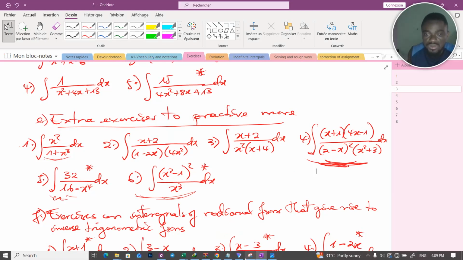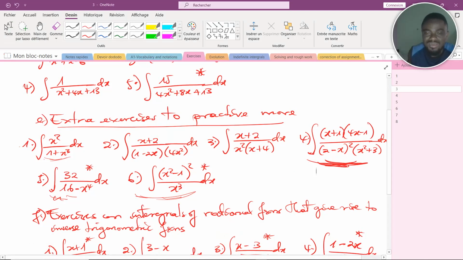so you have to express this in partial fractions first. I will not check how you express everything in partial fractions; I assume that you know how to do it. This is a repeated linear factor, and this is a quadratic factor.